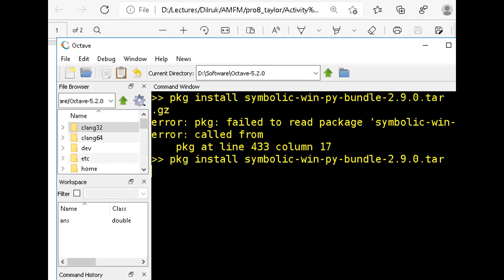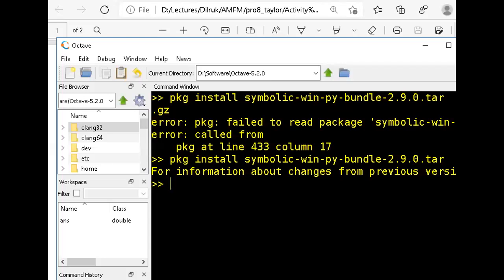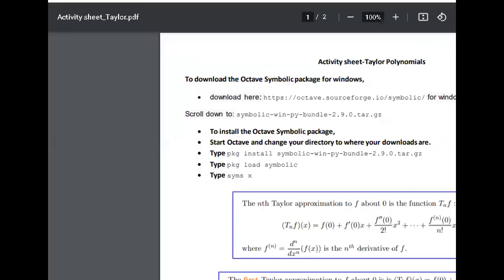Have you done that? All right. For information, the previous version is already installed. So how do you install that? You have to write pkg space install, and this one without this extension. So don't put this extension. Just copy this one only.